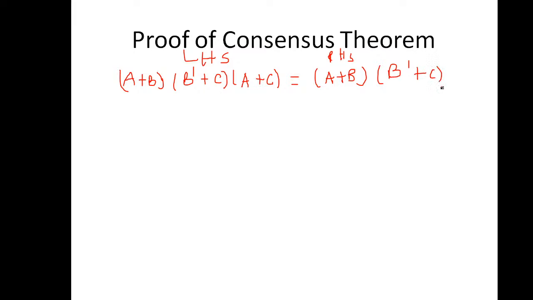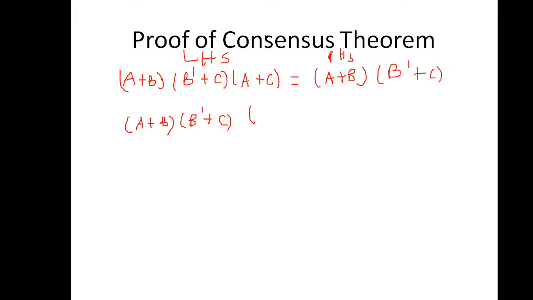I'm writing it slowly so that it will be easier for you to understand. Now when you are doing this, we will write it as A plus B, then you have this B bar plus C. Now I will take the third term, AC.